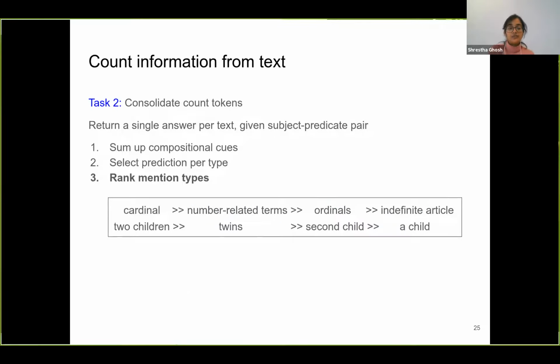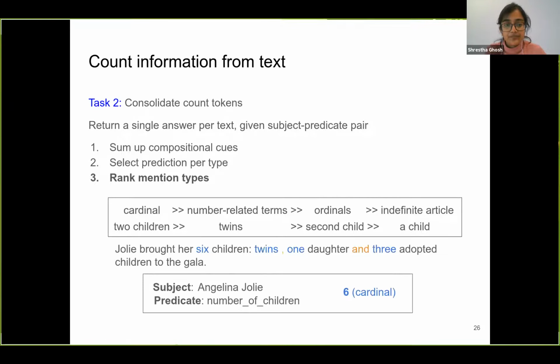And in cases where there are multiple types, we rank them such that the cardinal gets the highest rank, followed by number-related terms, ordinals, and then indefinite articles in the last. So once we follow these steps, we arrive at a prediction, which is the final answer for the given pair.